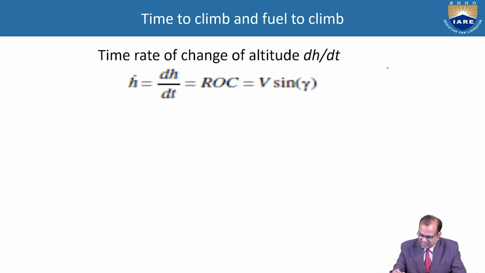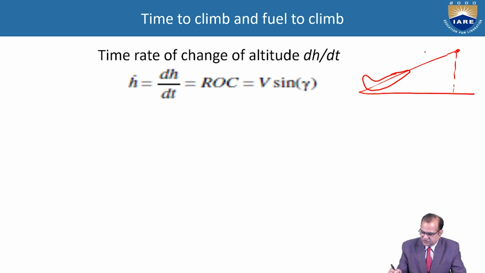I will give one demo for this. It is assumed here, this is the velocity V, and this vertical velocity is called VC, and this VC is equal to the rate of climb, which is V into sine gamma.